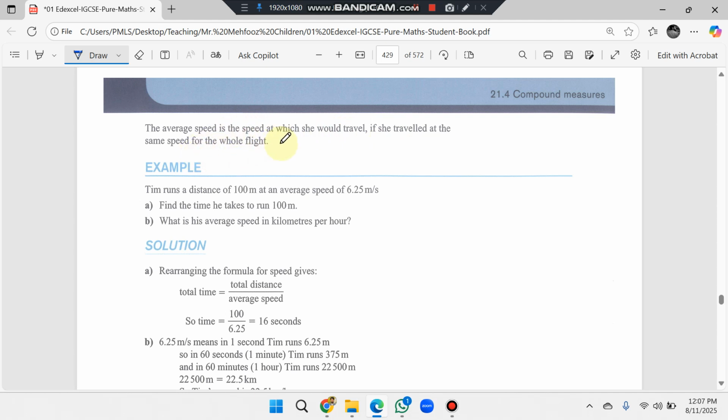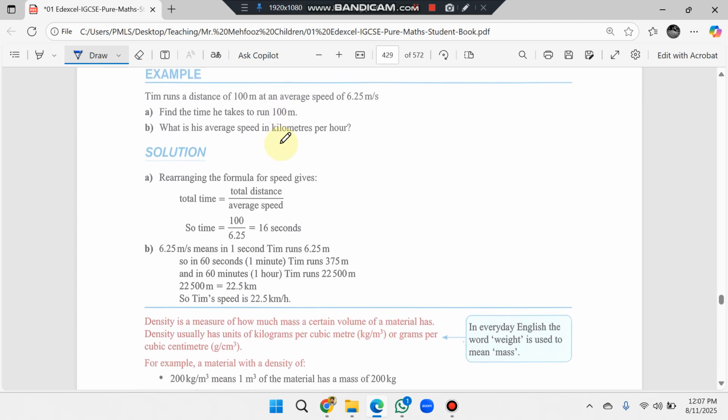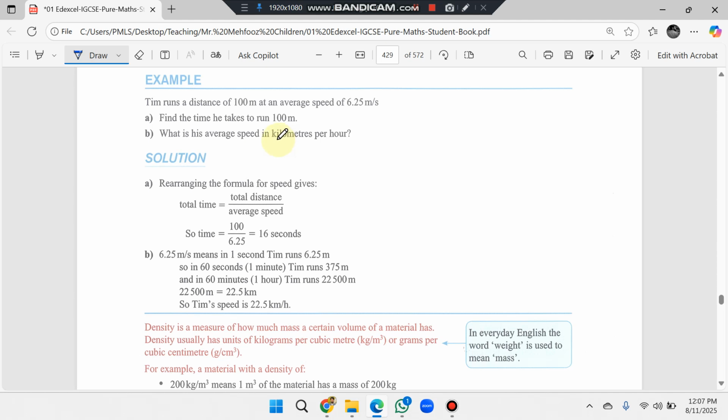So here is also another example. Tim runs a distance of 100 meters, 100-meter distance is given, and also at the average speed of 6.25 meters per second, right? This is its average speed. Find the time he takes to run 100 meters.